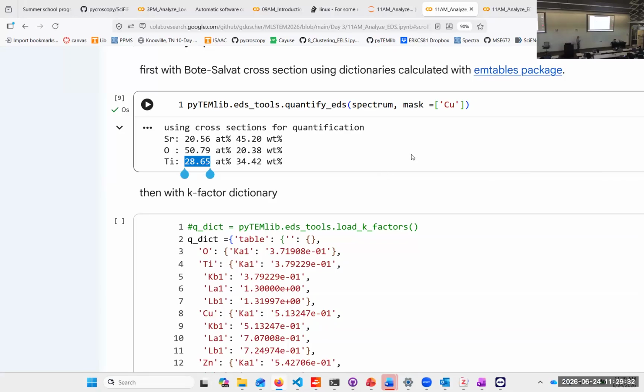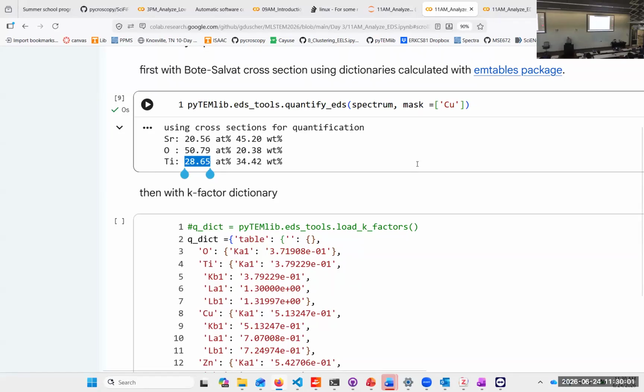The EDS spectrometer manufacturers, at least the ones that sell it, make quite some modification to these K-factors, and they calibrate them, because they know their spectrometers, and so they can tweak these K-factors some.